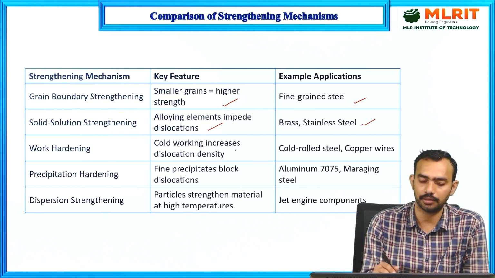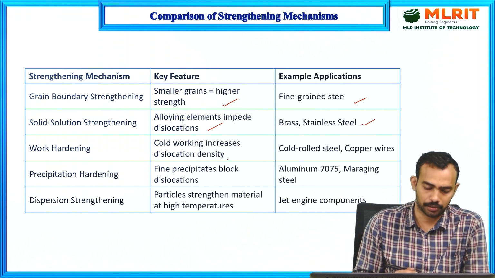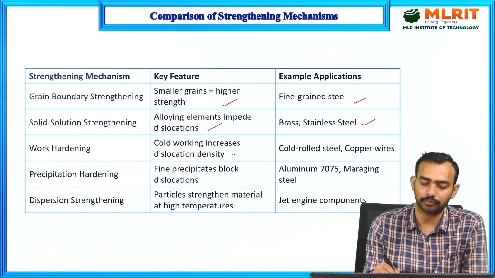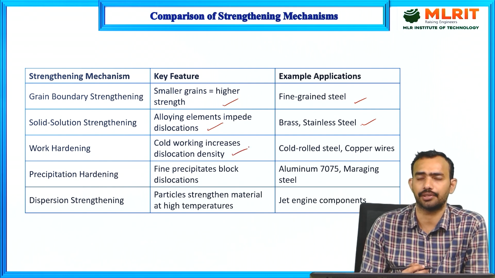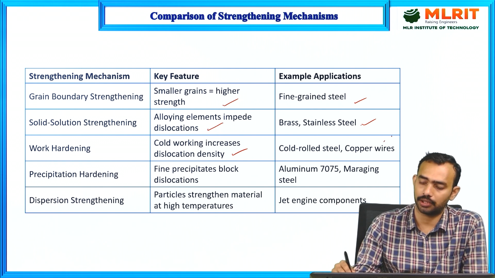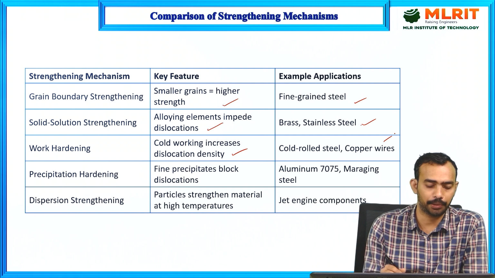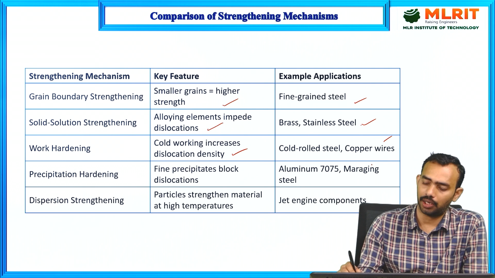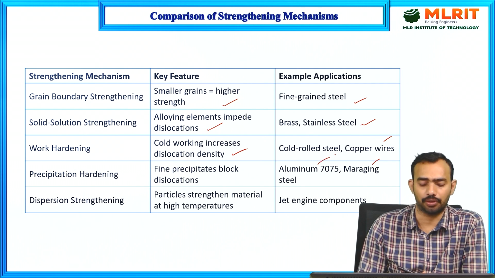Work hardening is done through cold working operations like drawing and rolling, which increases the dislocation density and so arrests the further motion of dislocations. Cold rolled steels and copper wires are classic examples. In precipitation hardening, we introduce fine precipitates into the material to block the dislocations, like maraging steels and aluminum 7075.